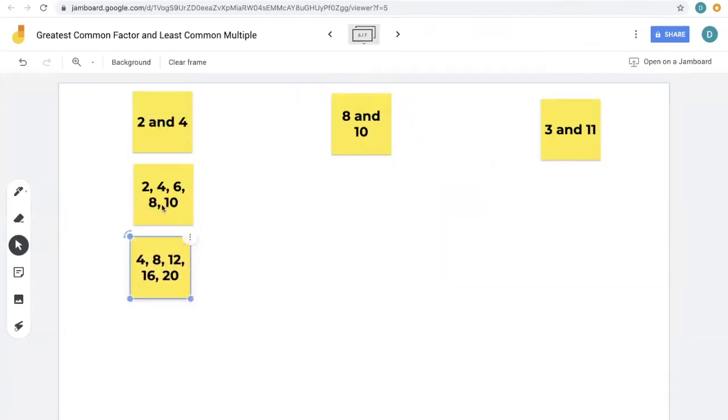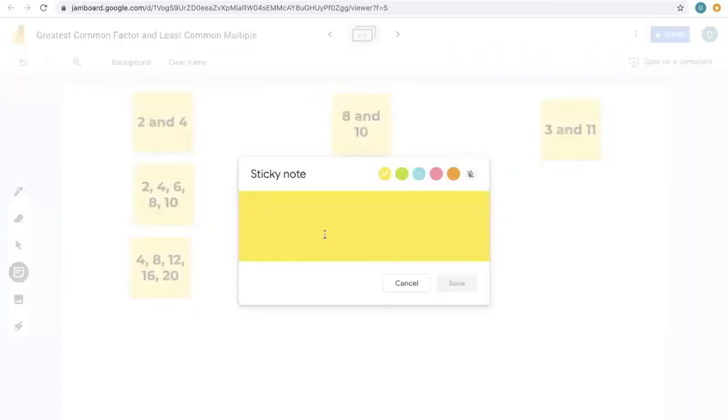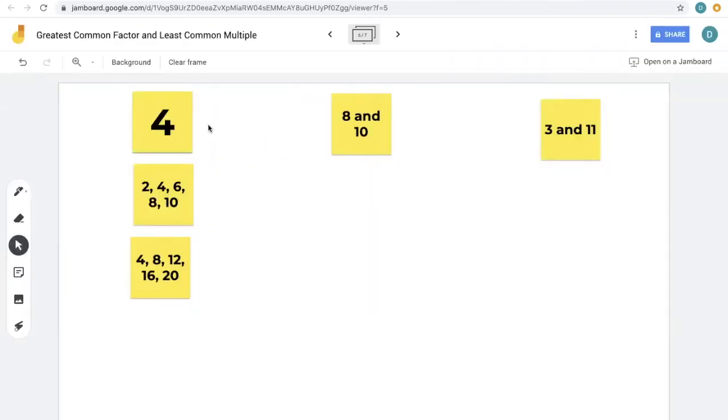And so now we're just going to find the common ones out of this. So 2 is not in both of them, but there's 4. And that's all we need. 4 is the least one, obviously, since we listed them in order. So 4 is the least common multiple for 2 and 4. So this time, instead of looking for the greatest, we're looking for the least. And that makes the job quicker if you want to think of it that way.